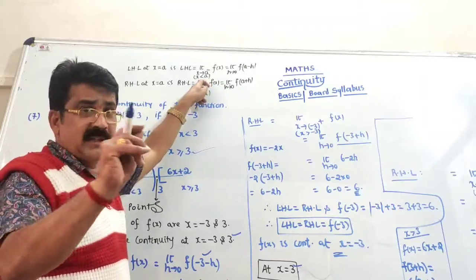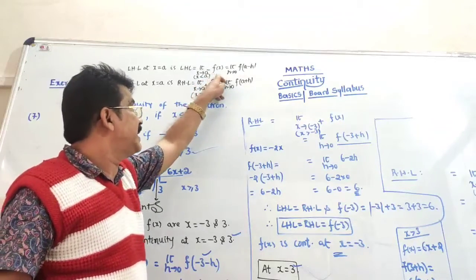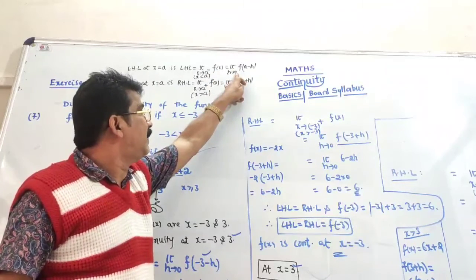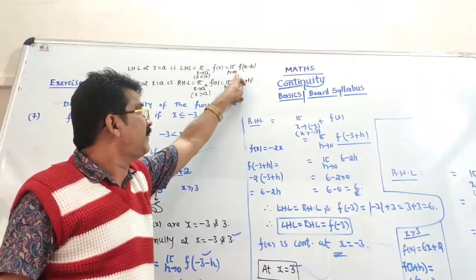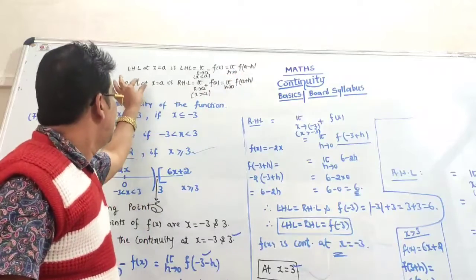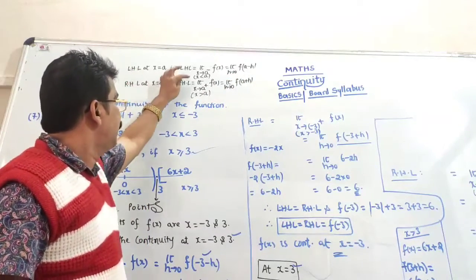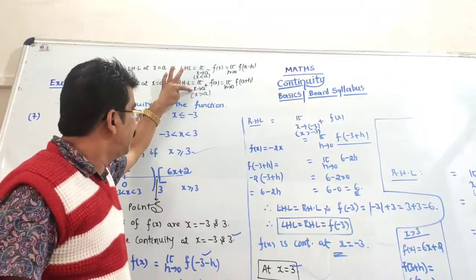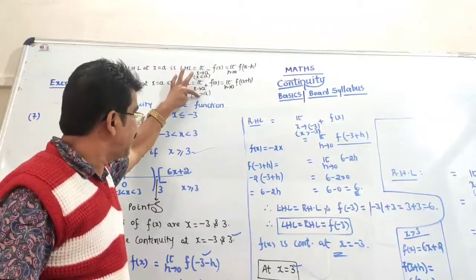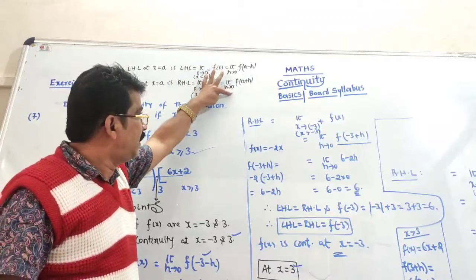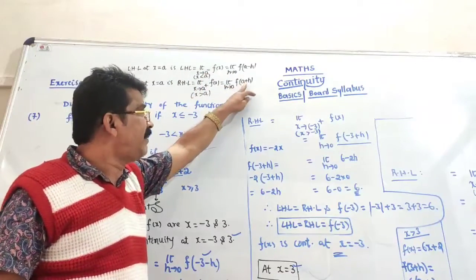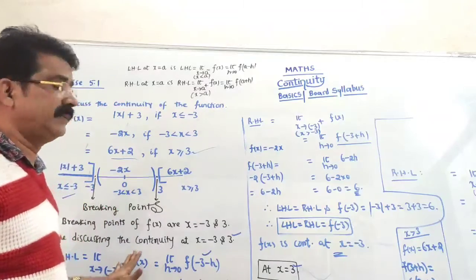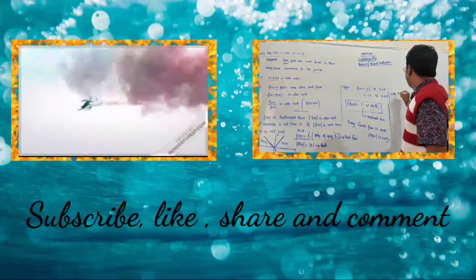You must learn all those things by heart: the notation, meaning, formula. Limit h tends to 0 f of a minus h. Next, RHL at x equal to a: limit x tends to a plus f of x, where a plus means x greater than a. Formula: limit h tends to 0 f of a plus h. This is the standard procedure. Next, the problem.